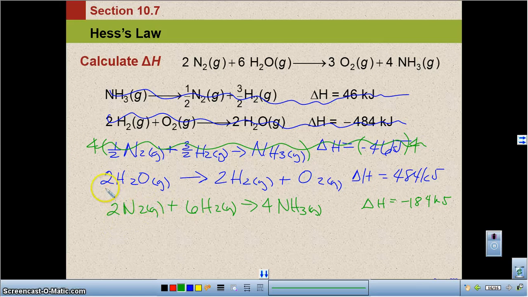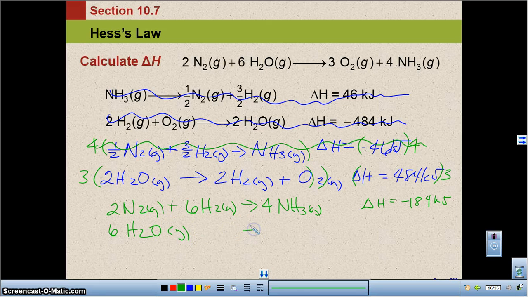I look at this and I say, okay, 2 water is what I need. I don't have 2. I have 2 and I need 6 in my reaction. So I'm going to go ahead and multiply this whole reaction times 3, which is going to cause me to multiply this delta H by 3, and rewrite what I have. So 3 times 2 is 6 H2Os.